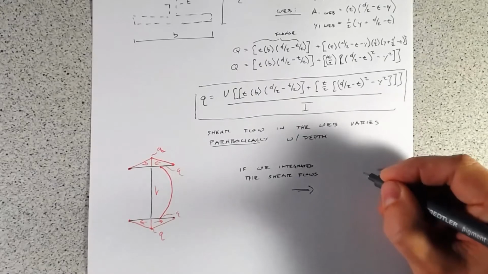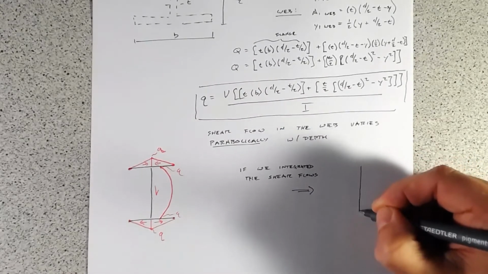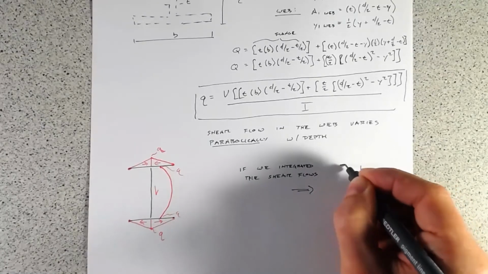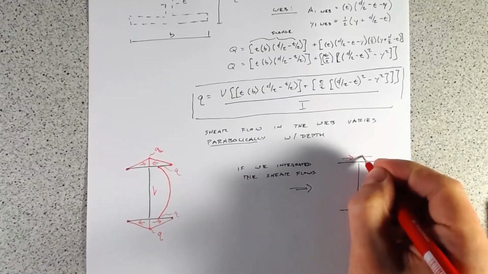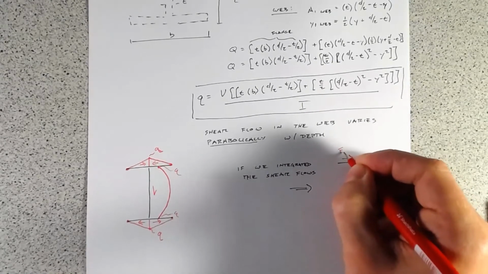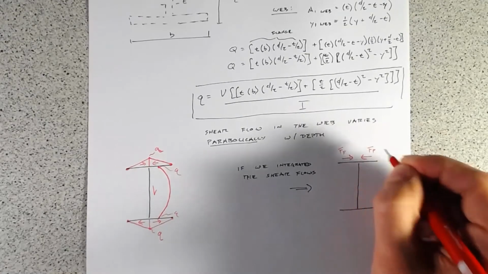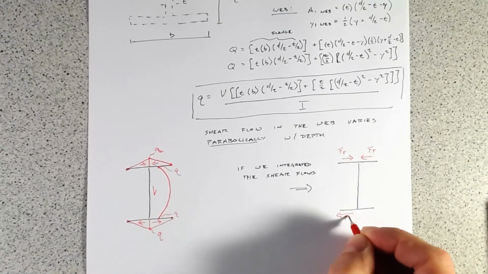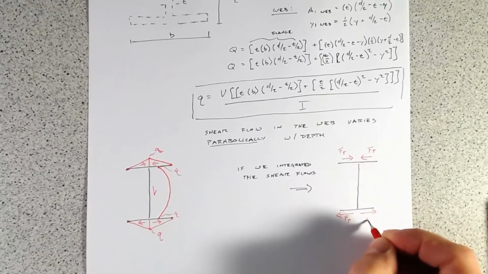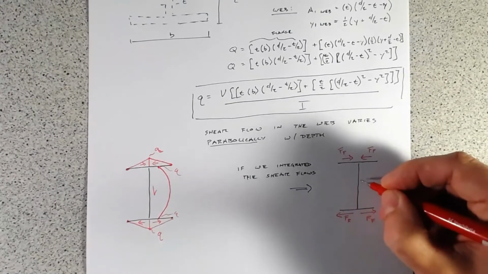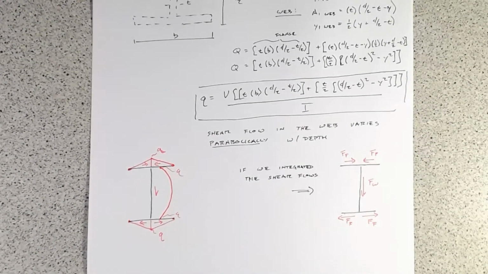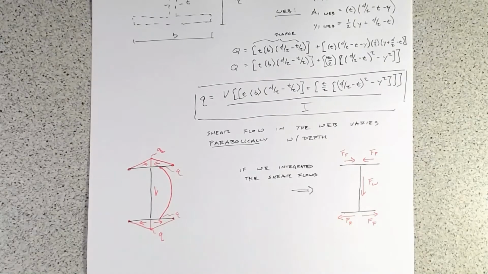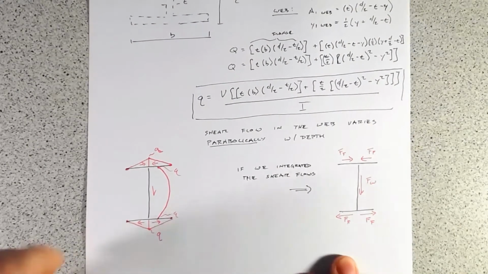And those forces would look like this, where you'd have a force in the flange, so FF, and then we would have a force in the web. So I bring that up just because this will become really important when we look at asymmetrical sections, so particularly channels. But that's coming attractions.